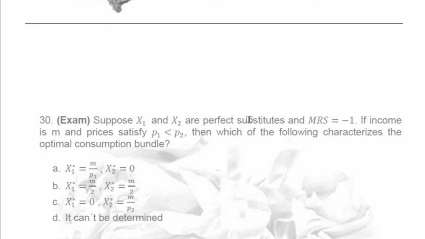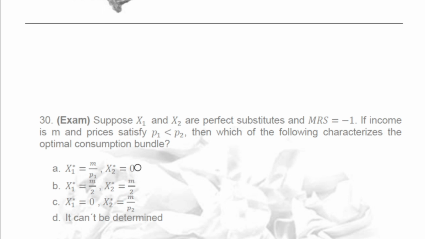So the substitution the consumer makes between them is 1-to-1. If good 2 is more expensive than good 1, we will only consume from good 1.